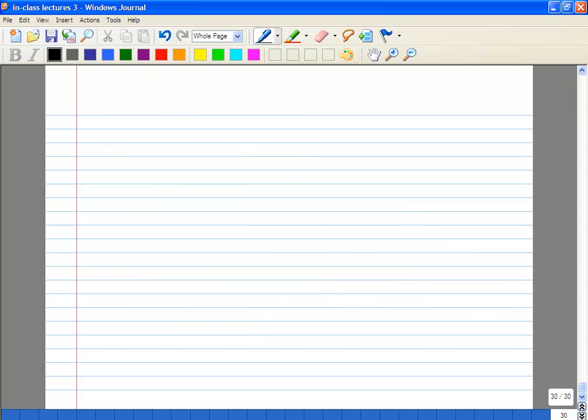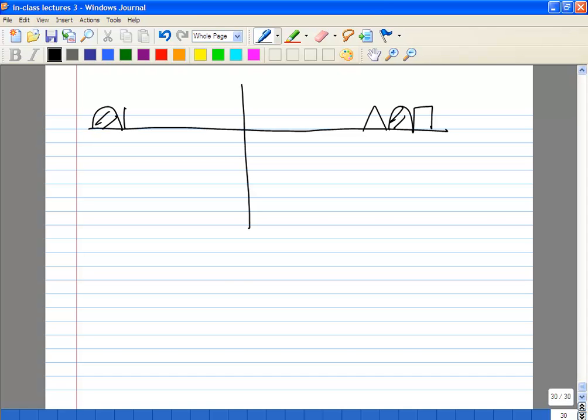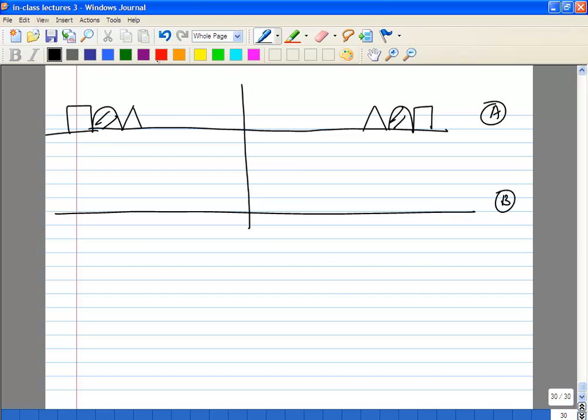Okay, so what does it look like in the frequency domain? I think we looked at this many times, but we'll just do it once more. Let's say this is your desired signal and you have some interferers around it. At B we're going to have this.